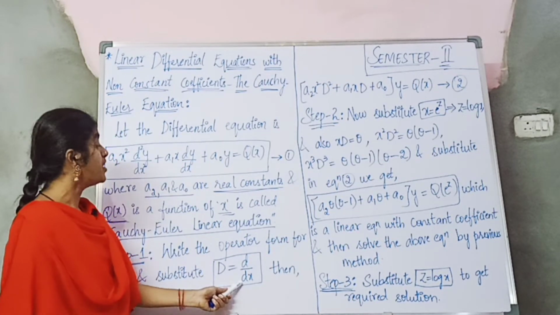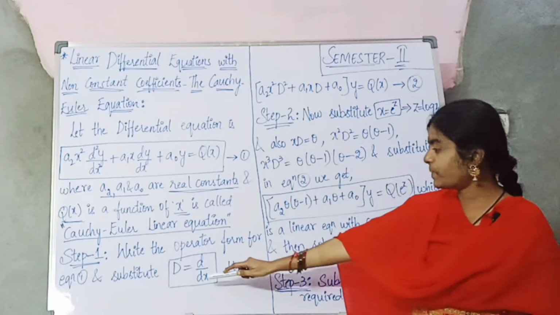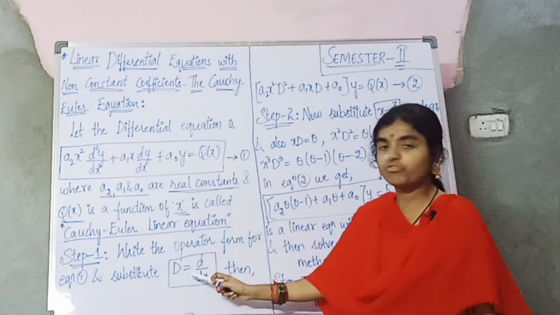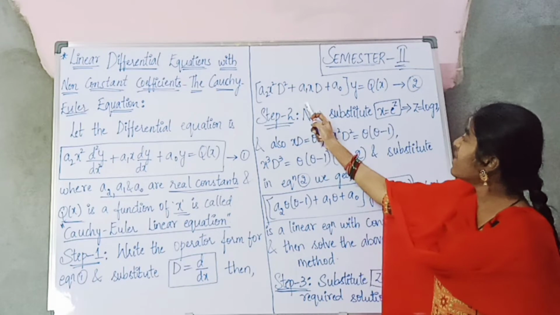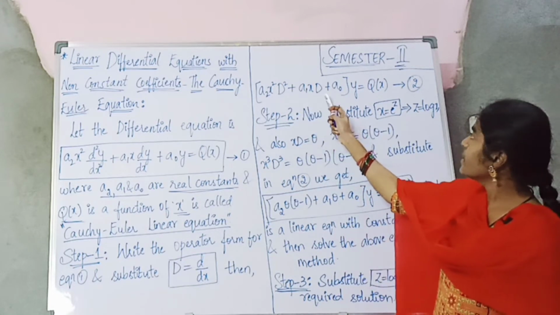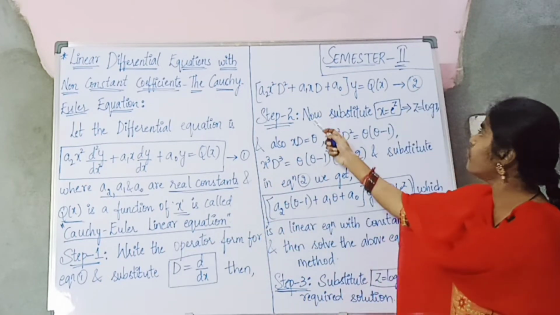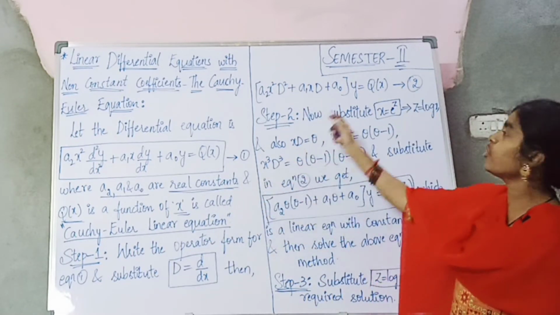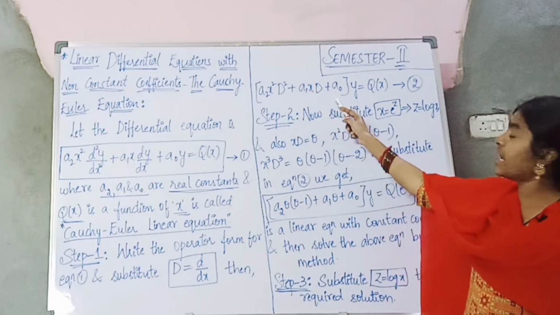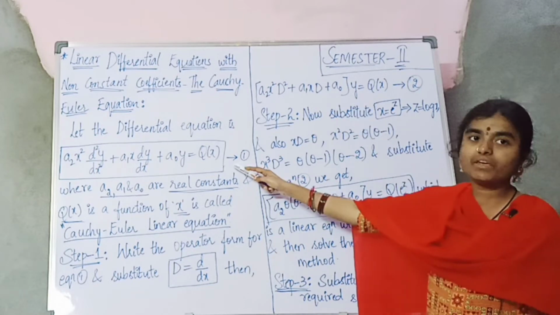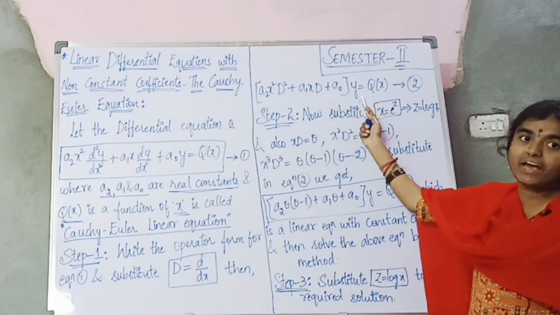Then a2 x square D square plus a1 x into D plus a0 of y, taking y common, so a2 x square D square plus a1 x into D plus a0 of whole y equals q of x as it is. We consider this as equation 2.